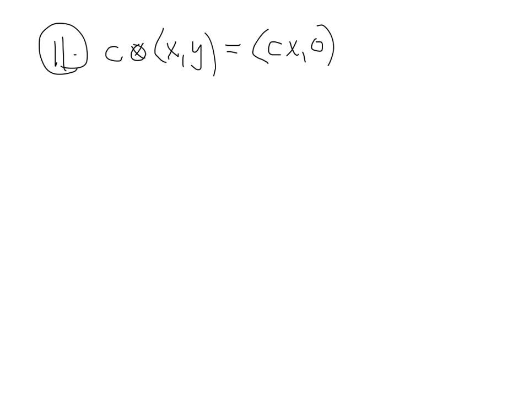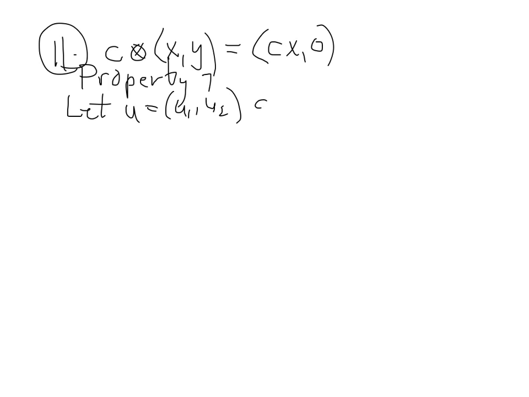So let's look at property 7. And we will let U equal U1, U2, and V equal V1, V2.